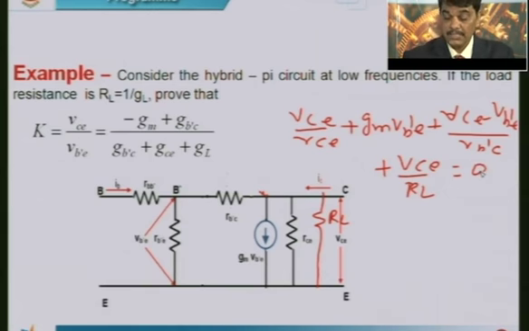If you solve this as it is, because of the parallel combination, the analysis becomes too complex.